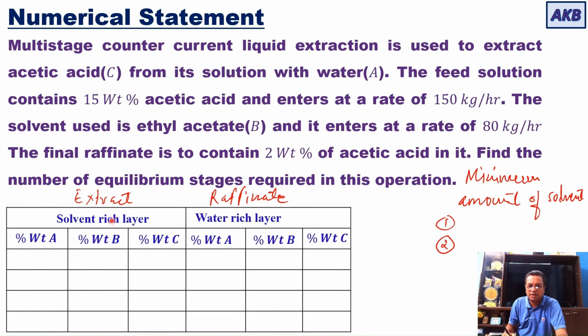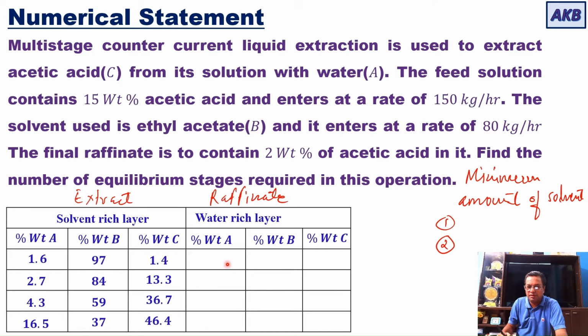The compositions are given when the extract and raffinate phases are in equilibrium with each other. So percentage weight of A, that is percentage weight of water in the extract phase, you have different values. And percentage weight of B in the extract phase, you have various values. And then various values for percentage weight of C in the extract phase are given to us.